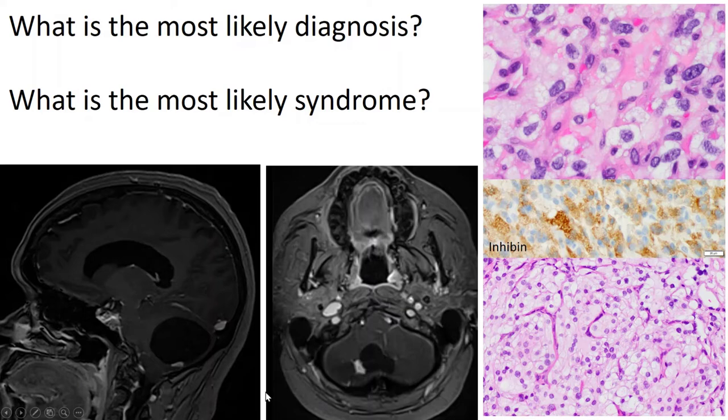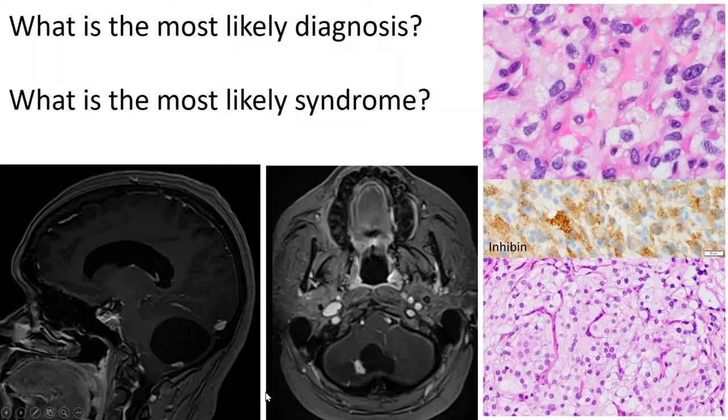So when you hear the words cyst with an enhancing mural nodule, there should be 4 diagnoses that immediately come to mind. In the pediatric population, it's 3 diagnoses. So it kind of has a little rhyme to it. And the rhyme is PA-PXA ganglioglioma. PA-PXA ganglioglioma.